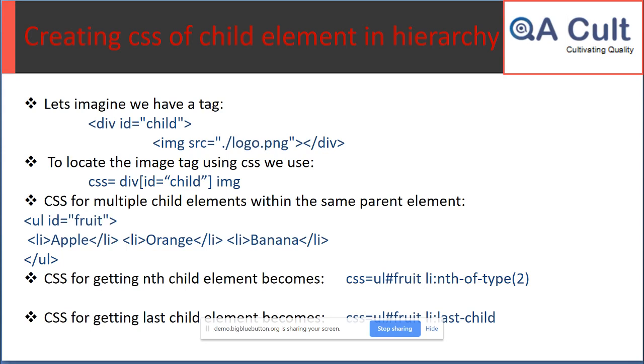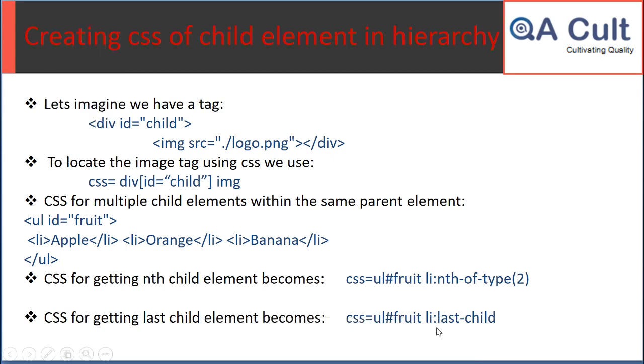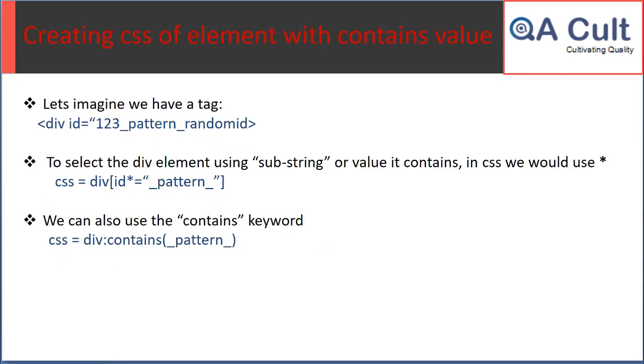For reaching the last tag we can use li:last-child after giving a space from the ul fruit tag, and you can also find the nth child element by using a space from the ul tag, then li:nth-of-type(2). This I will show you.